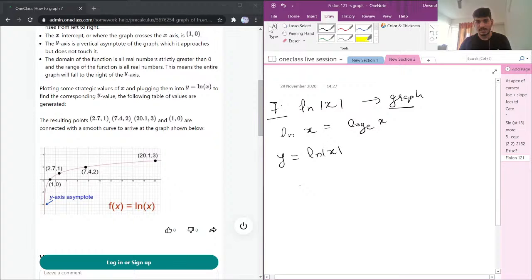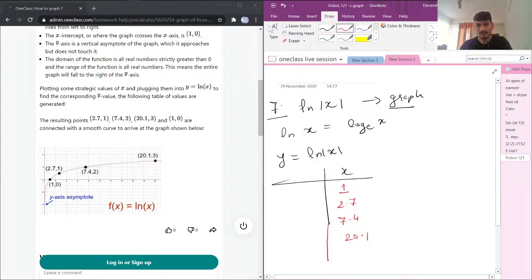So we'll find the value of y for x equals 1, for x equals 2.7, for x equals 7.4, x equals 20.1.